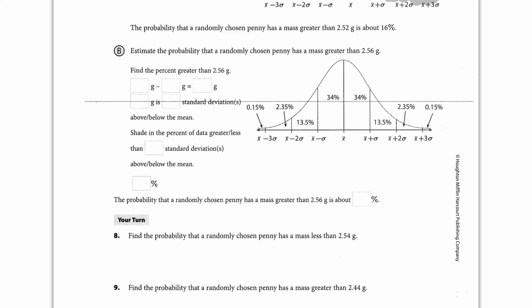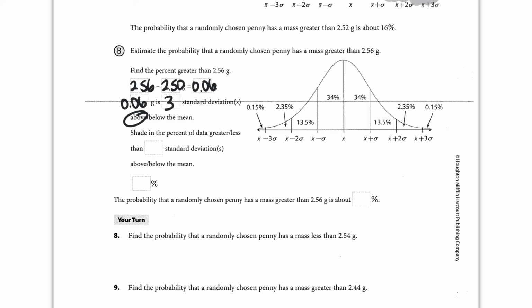Now we are going to estimate the probability that a randomly chosen penny has a mass greater than 2.56 grams. So we will start with 2.56. We will subtract the mean, and that gives us a difference of 0.06 grams. And 0.06 grams is 3 standard deviations above the mean.